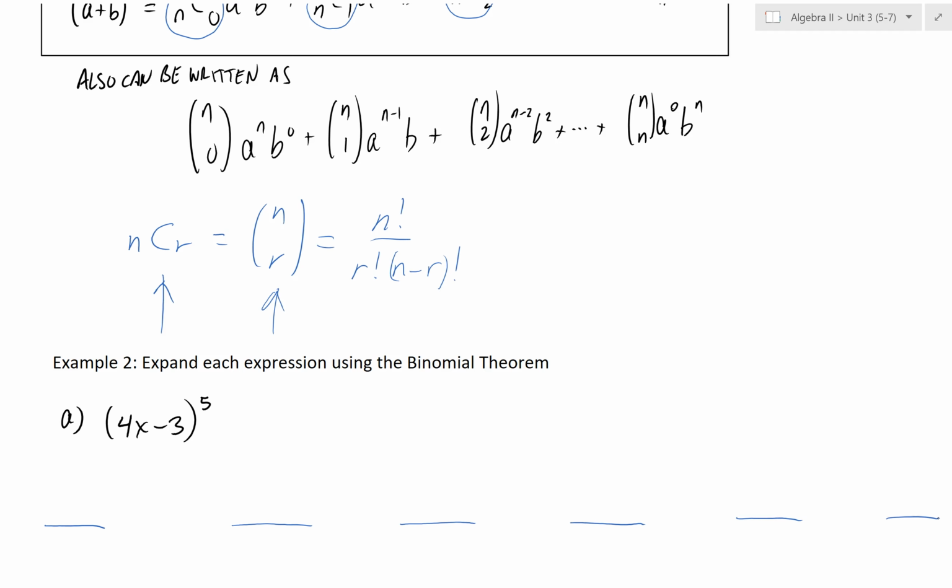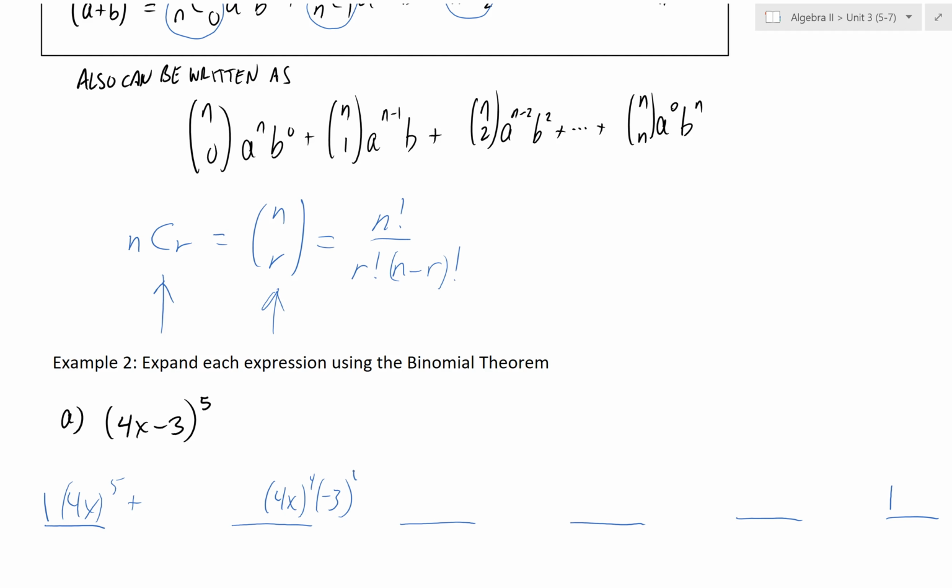And we know the coefficients for the first one and the last one are always 1. Remember that from Pascal's triangle. It's going to start with (4x) to the 5th power, 4x in parentheses to the 5th power. And then the next one is going to have (4x) to the 4th power and (-3) to the 1st power.